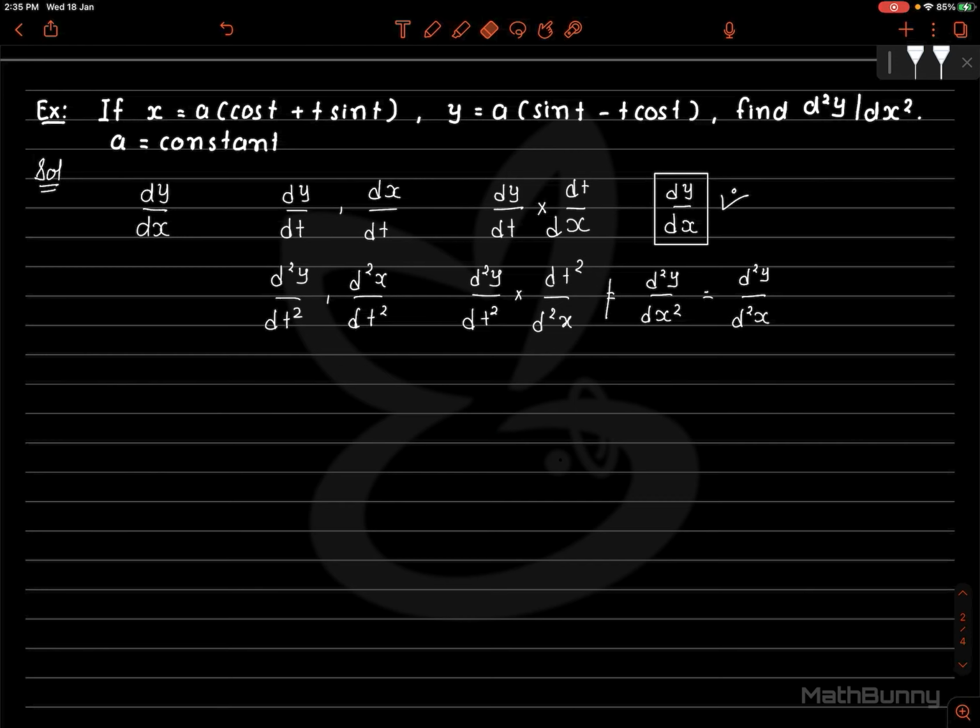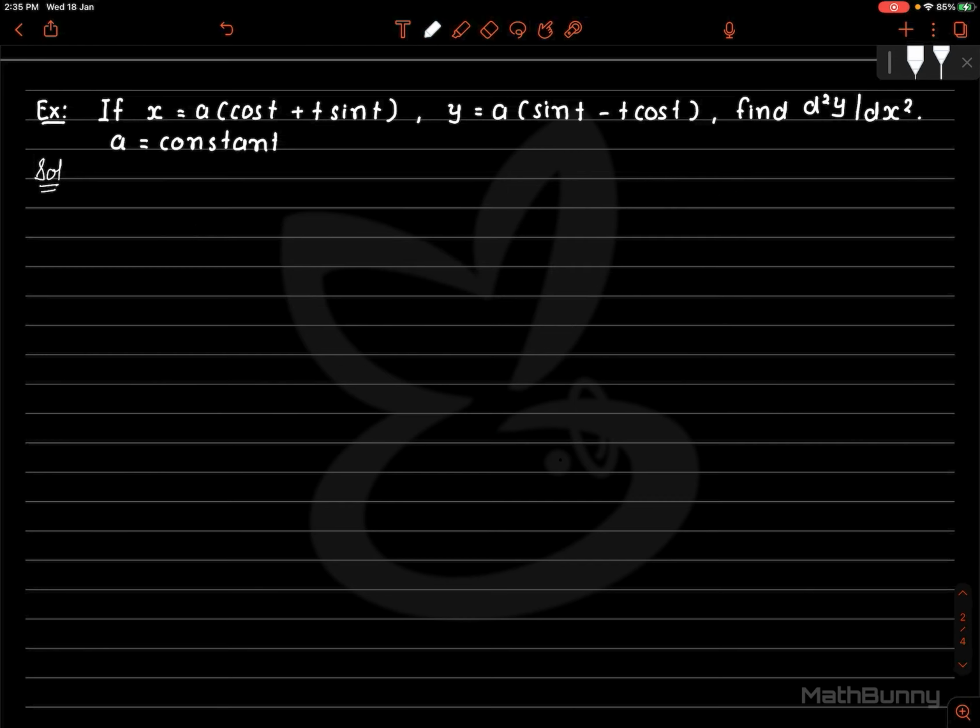So let us see how it is done. Let us solve this side by side. x is equal to a cos t plus t sin t. y is equal to a sin t minus t cos t. This is given.